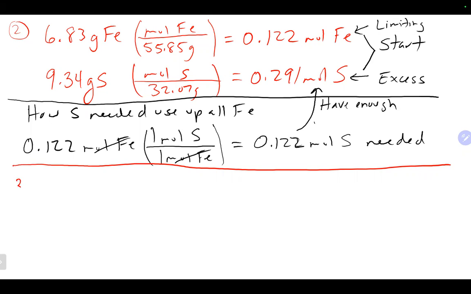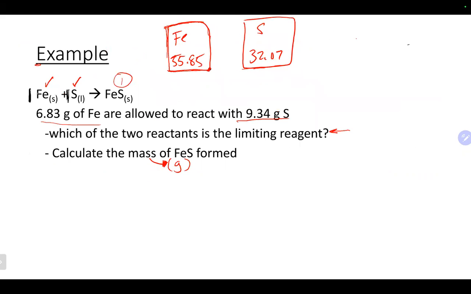So the third step would be we would want to start with the starting amount here of our limiting reagent, which is 0.122 moles of iron. Going back to the equation, if I go the right way, there it is. It is also a 1-to-1 relationship. That's convenient between the iron and the product there.